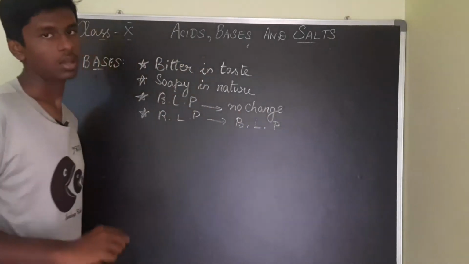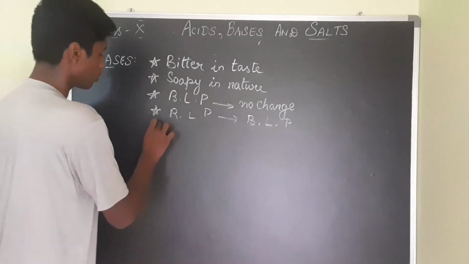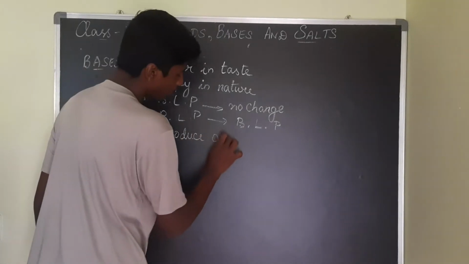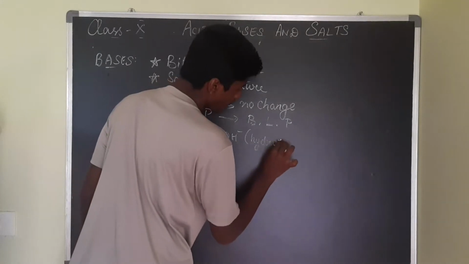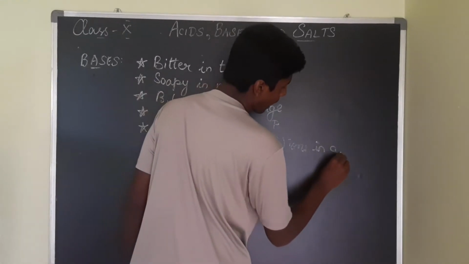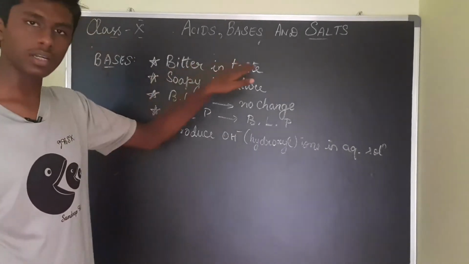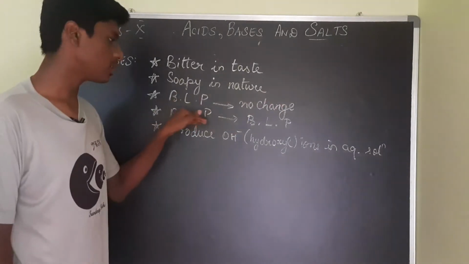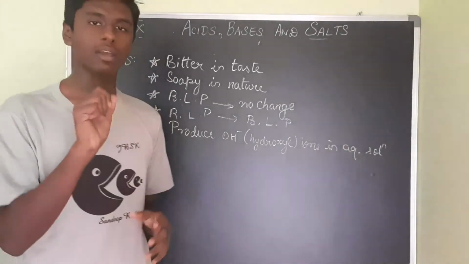When I add a base into water, it will produce hydroxyl ions in aqueous solution. So first, it is bitter in taste, then soapy in nature, blue litmus has no change, red litmus turns to blue, and it produces hydroxyl ions in an aqueous solution.